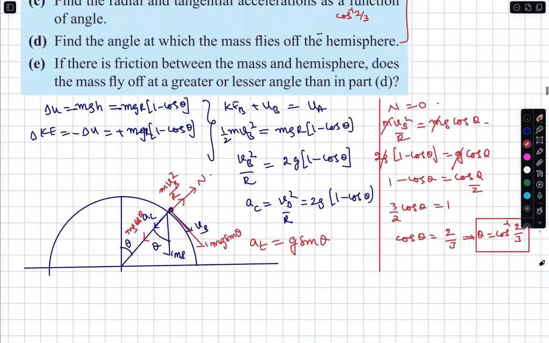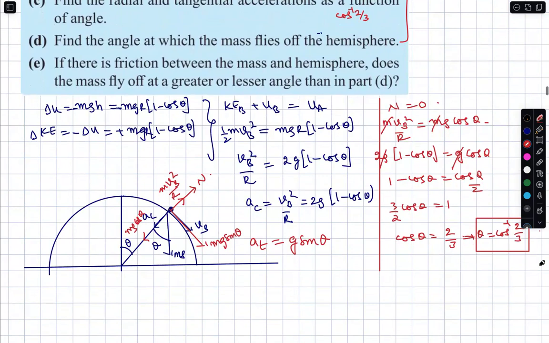If there is friction between the mass and hemisphere, does the mass fly off at a greater or a lesser angle? Actually, you see, for that theta, the condition mVB square by R equal to mg cos theta is not sufficient. You require more velocity and more angle also.